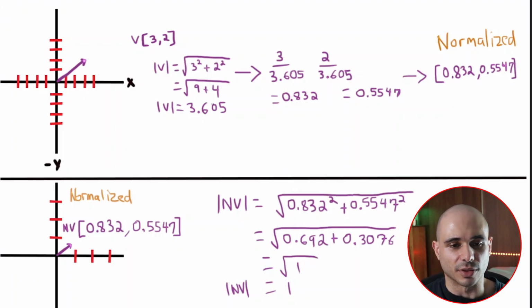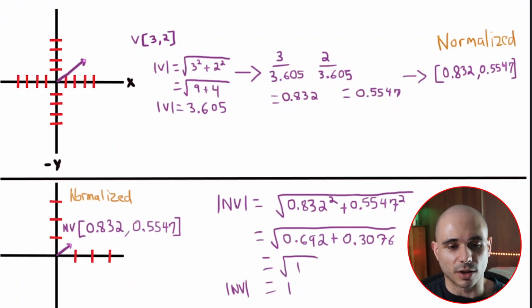And then to normalize that vector, we're going to take the magnitude and divide each coordinate by it. So 3 divided by the magnitude and 2 divided by the magnitude. That's going to give us the normalized vector. You can check that the vector is in fact normalized by plotting that result to see what it looks like.